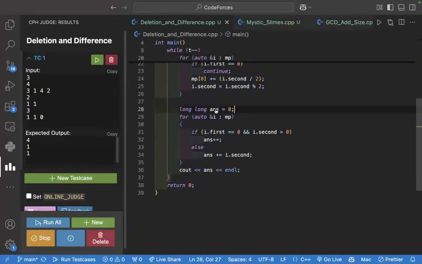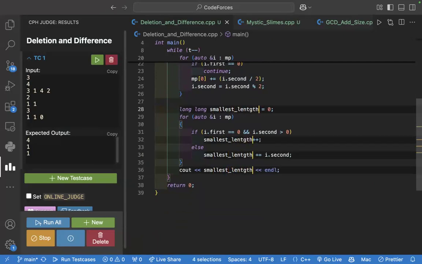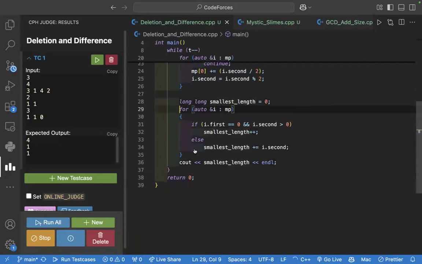Now I go back. What's the answer? The answer is the smallest length of array that I'm trying to create. So I'll say, okay, it starts with 0. I'll go back in the map. Now, if the number that I'm talking about is 0 and its frequency is greater than 0, then I just need one addition to my length, because I know the contribution of all zeros will just boil down to one 0.